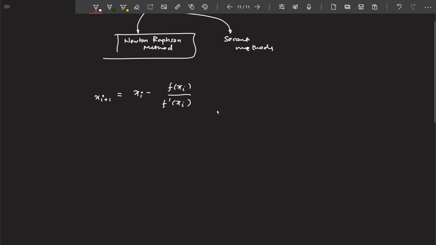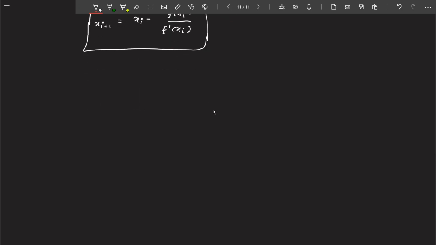So the value of the current iteration is going to be the value from the previous iteration minus the function value of that iteration upon the derivative of that function, substituted by the value at that iteration. This is the Newton-Raphson method, and it's very simple. Let us discuss this, and once we discuss this, then we'll see the secant method.